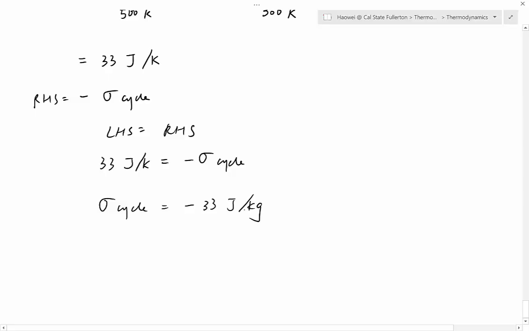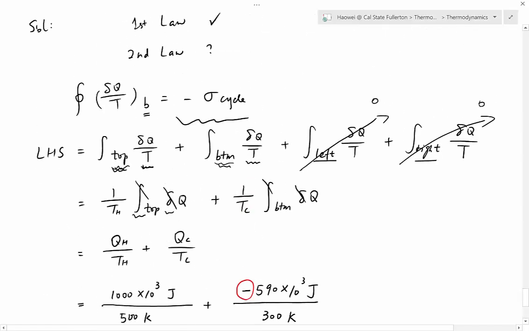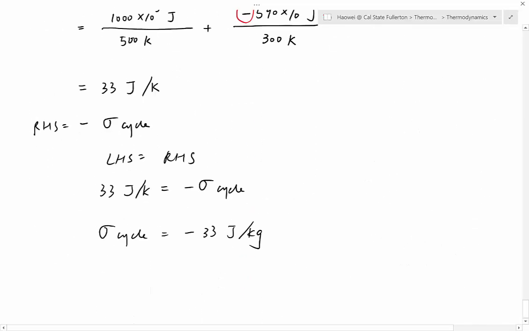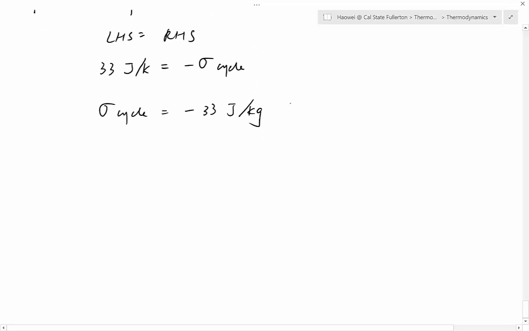And is that possible? Let's go back. If your sigma is negative, what does it mean? That means your design is impossible. Just like your age. If your age is becoming smaller, that means it's not possible. So our conclusion is your design is wrong.